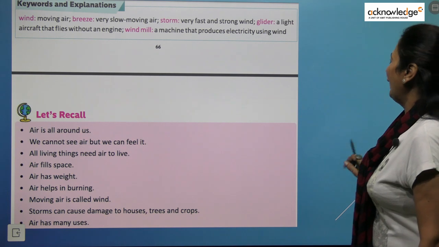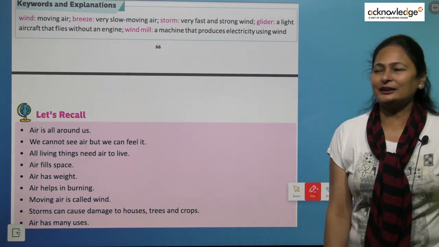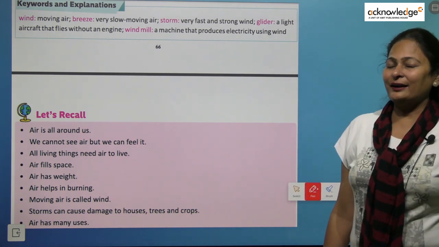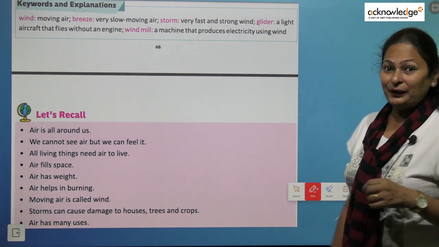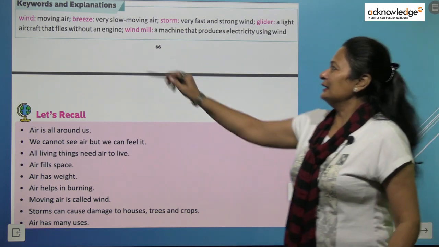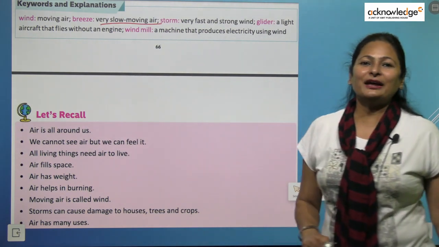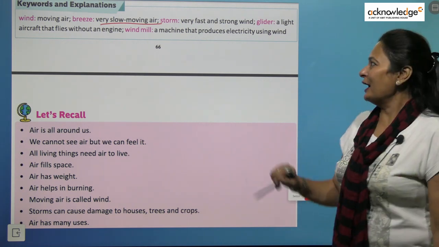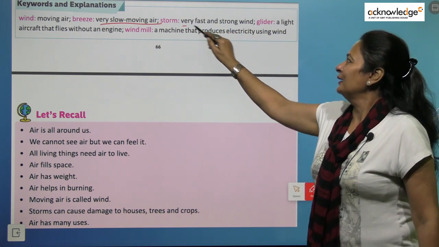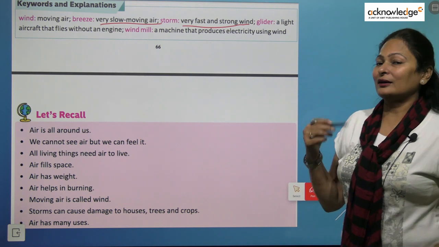So again, time for keywords and the explanation, kids. What is wind? Moving air is called wind. What is breeze? Breeze is very slow moving air. Now what is storm? Very fast moving air is called storm.